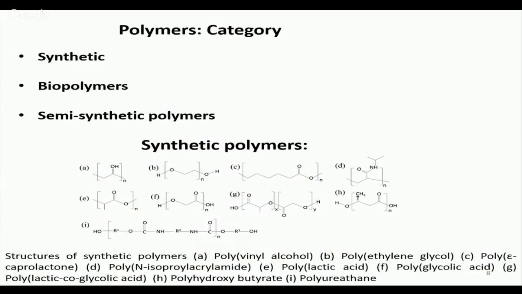And also semi-synthetic polymers. So we also sometimes modify the polymers to make them more tailorable for different applications. You might have read the story of the vulcanization of rubber. Rubber was discovered and used for cycle tires.